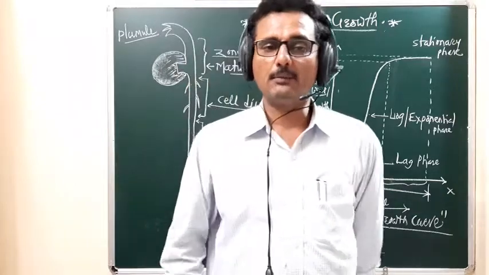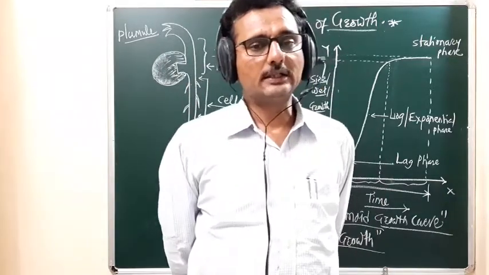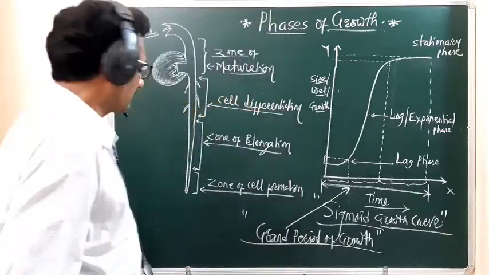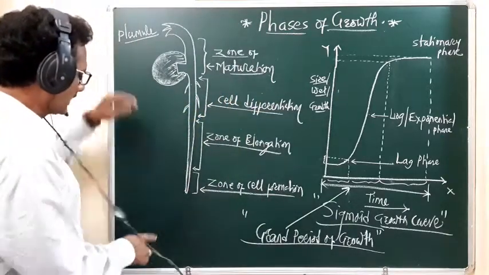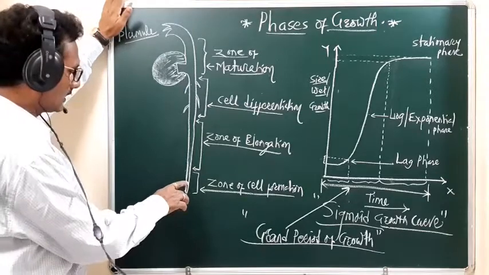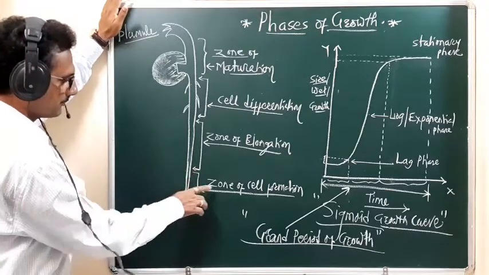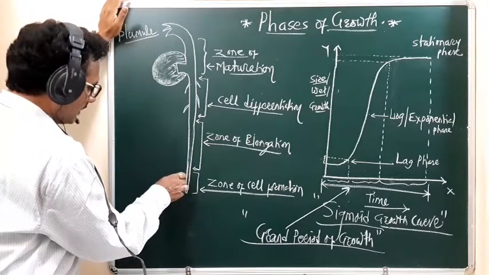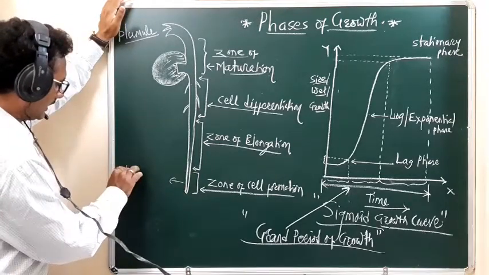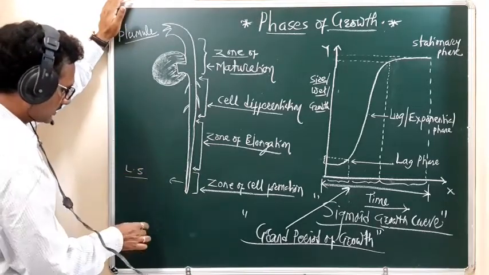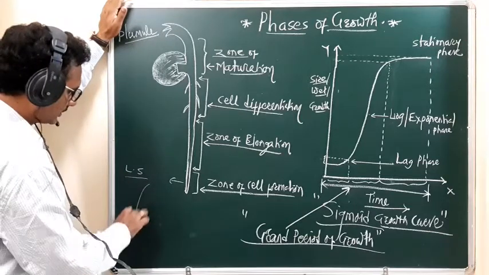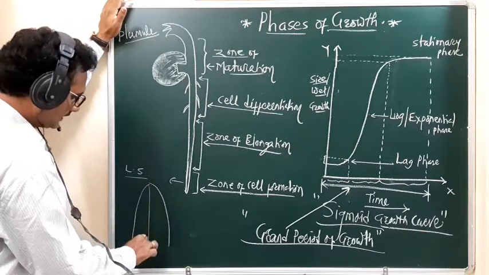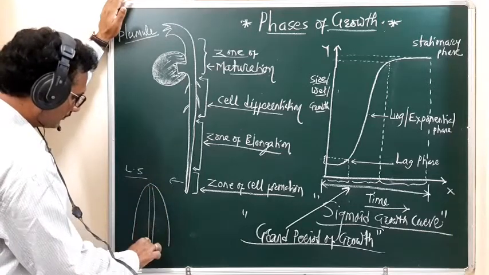Dermatogen, periblem and plerome: these are the three layers of apical meristem. Suppose we take a longitudinal section of this apical meristem, this zone of cell formation. It shows three regions.